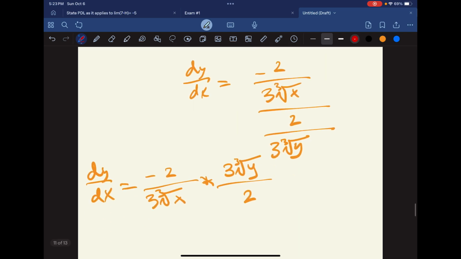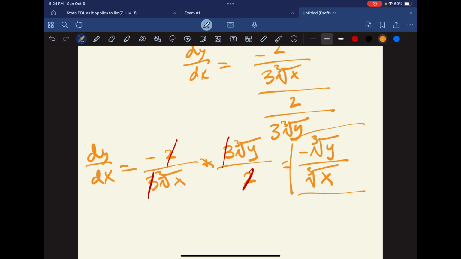And so this 2 and this 2 cancel out, this 3 and this 3 cancel out. So we're just left with negative cube root of y divided by cube root of x. So this would be our answer here.